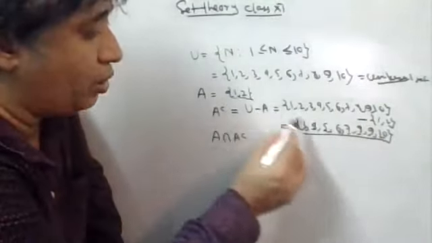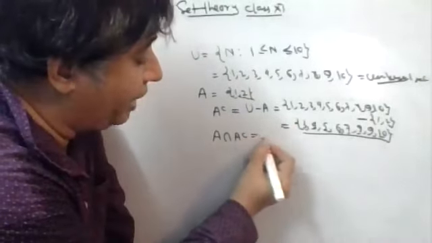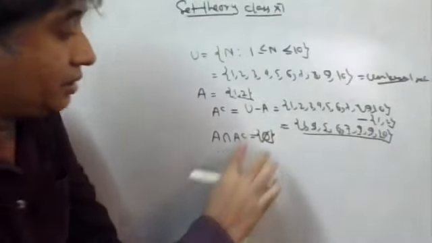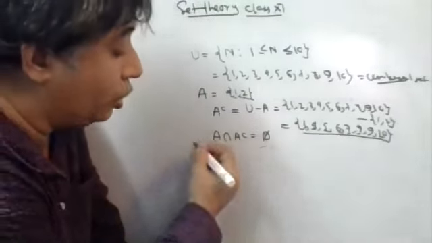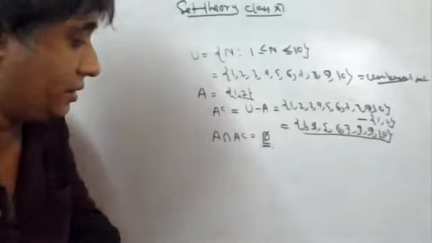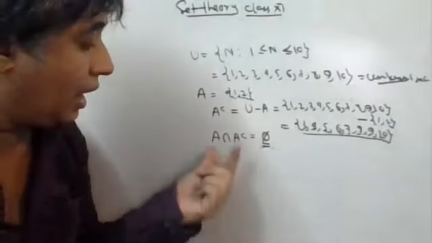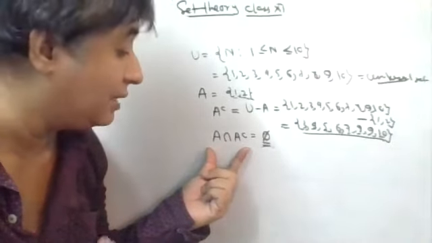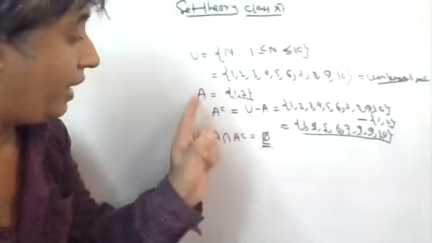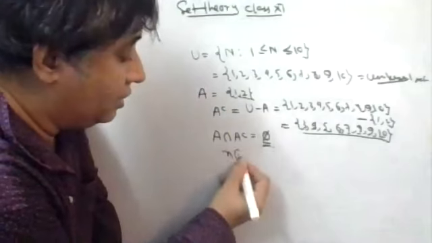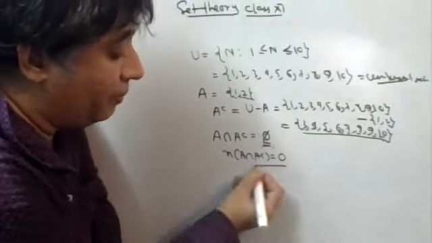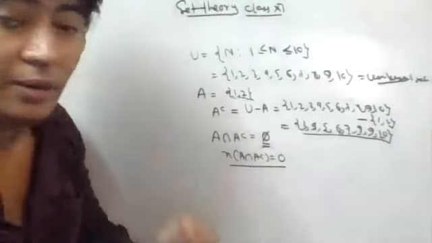Do they have any common part? No. So their common part is the null set. What is the cardinal number of this part? How many elements are there in the common region of A and A complement? 0. There are 0 elements between A and A complement.